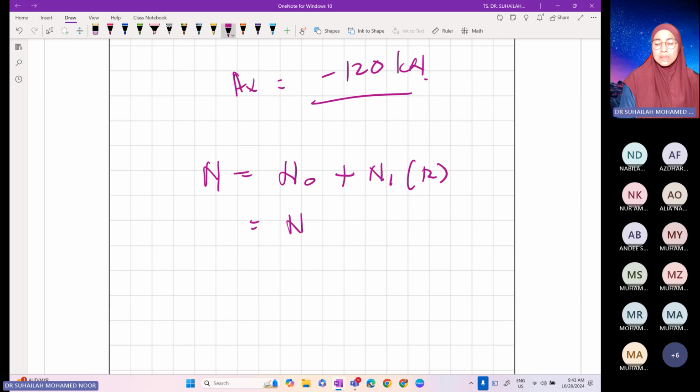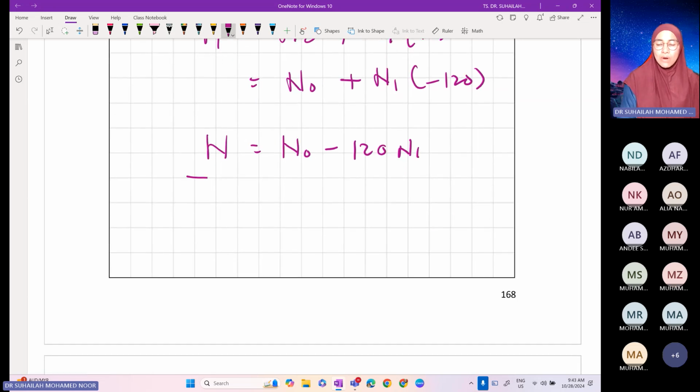So, N not kita, N not lah. N1 kita N1 lah kan. So, redundant kita adalah AX. AX ni negative 120. So, dapatlah kita satu equation. N is equal to N not minus 120 N1. So, kita gunakan this formula untuk calculate member forces setiap member.